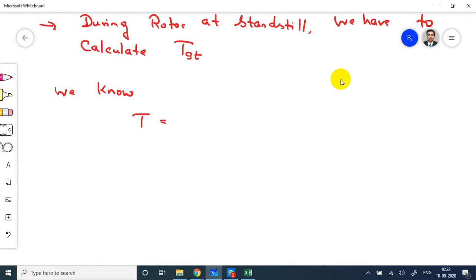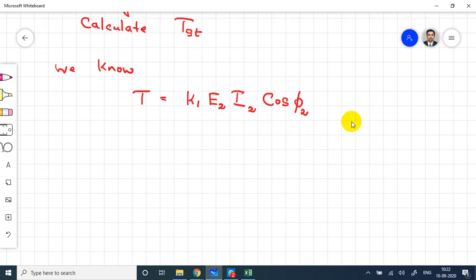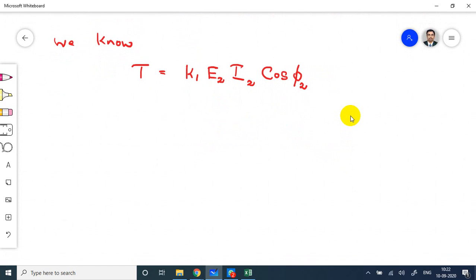T equal to K1 into E2 I2 cos phi 2. Now we have to substitute the E2 value and the I2 value.